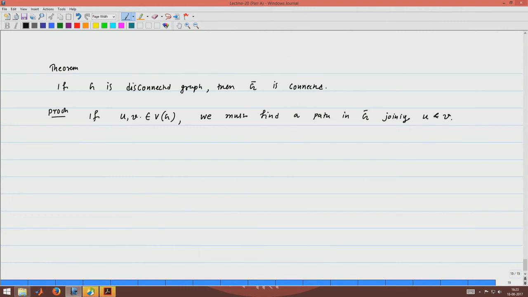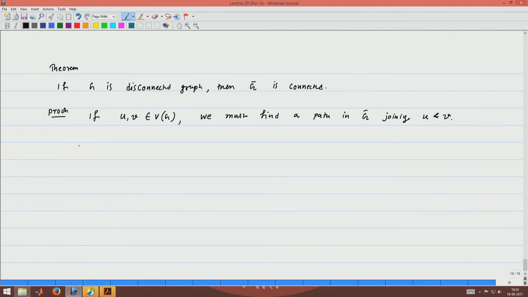Because as I said, to prove that any graph is connected, you have to prove that there exists a path between every pair of vertices. So, we take a pair of vertices U and V, and then we have to prove that there is a path between U and V in G complement.